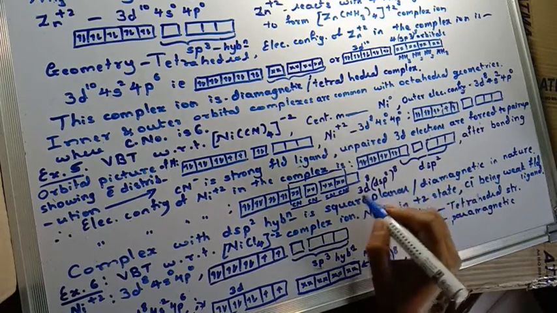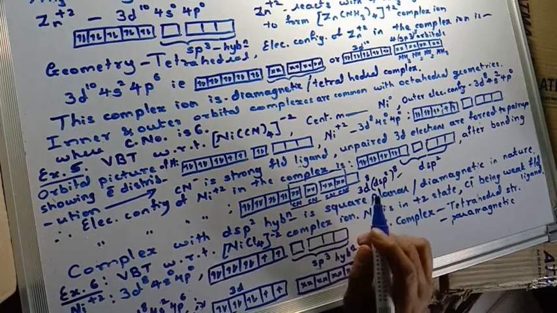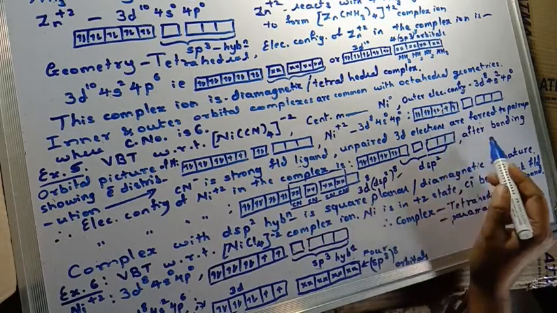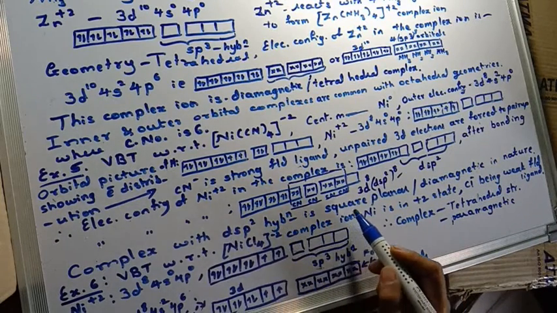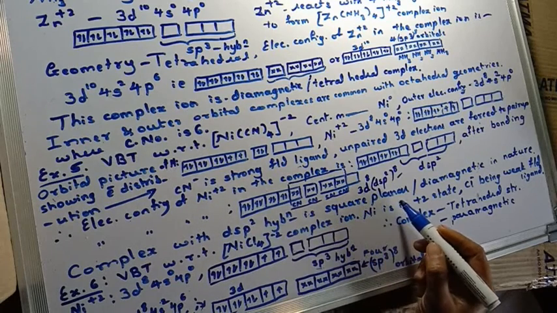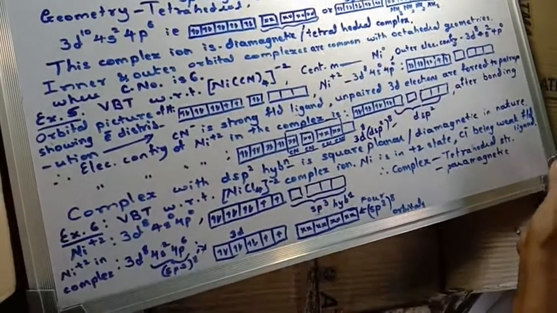This will be the electronic configuration of nickel in the complex. There are no unpaired electrons, hence it is diamagnetic, and the type of hybridization is dsp2, which decides that the geometry of the molecule is square planar. This is about the example [Ni(CN)4]2-.